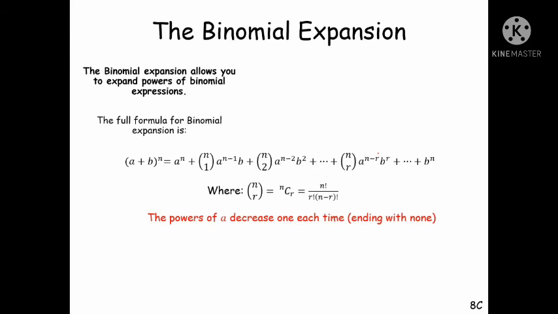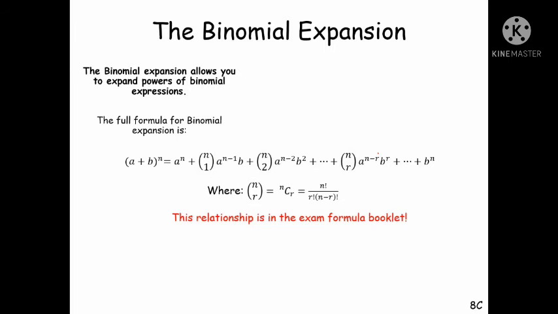So the powers of a decrease by 1 each time, ending with 0 in the end. The powers of b increase by 1 each time, starting with none, so 1 there, 1 there, 1 there, and 1 there. The coefficients can be calculated using the nCr, which I have just put in red boxes there for you.